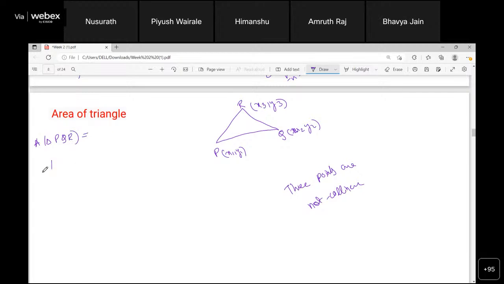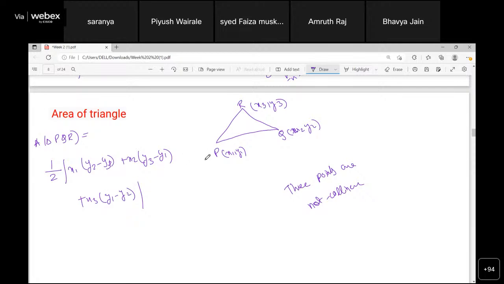The area of triangle is half into modulus of x1 into (y2 minus y3) plus x2 into (y3 minus y1) plus x3 into (y1 minus y2). Is mod, right? Area is always a positive number. That's why we're doing the mod.